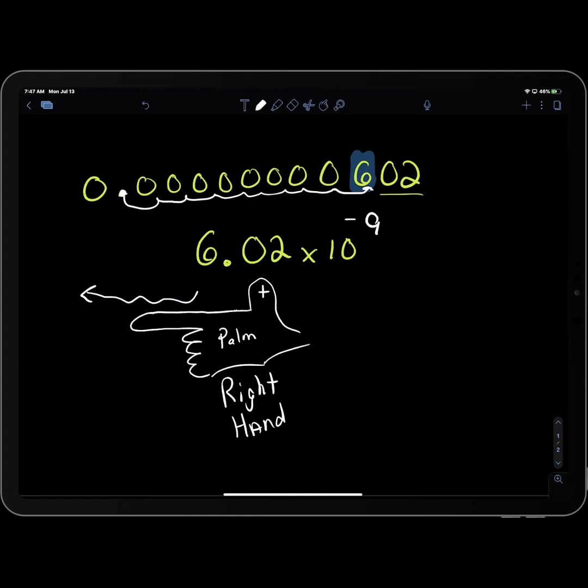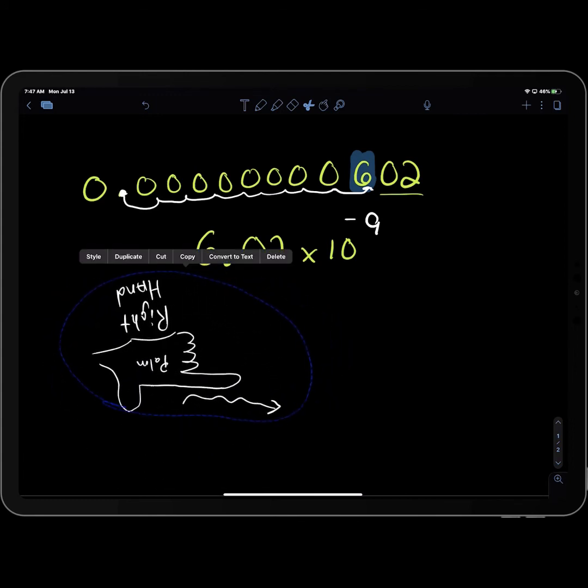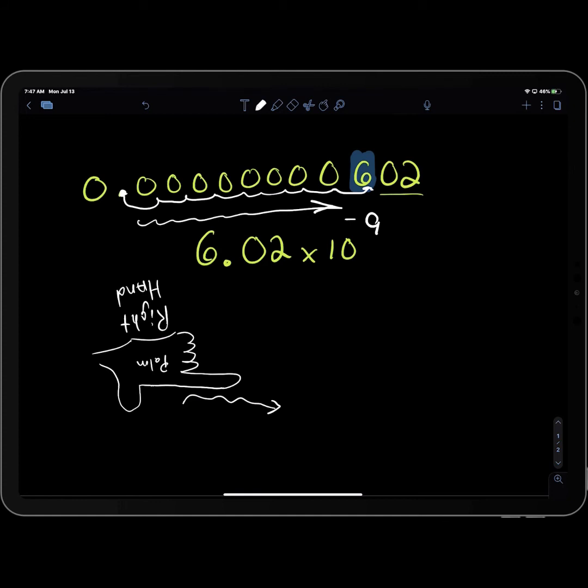Now what happens if you move your decimal point to the right, as in this case? This is where it gets a little awkward because you have to turn your hand upside down. Again, you still have to be looking at the palm of your right hand, but the decimal point, you can see here, went to the right.